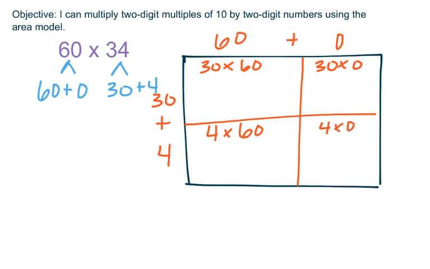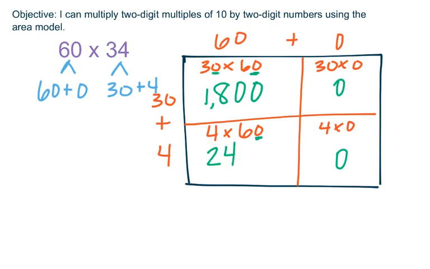So 3 times 6 is 18. And then I'm multiplying by 10, which would give me 180, and by a second 10 would give me 1,800. Anything times 0 is 0, which makes that a 0. 4 times 6 is 24.